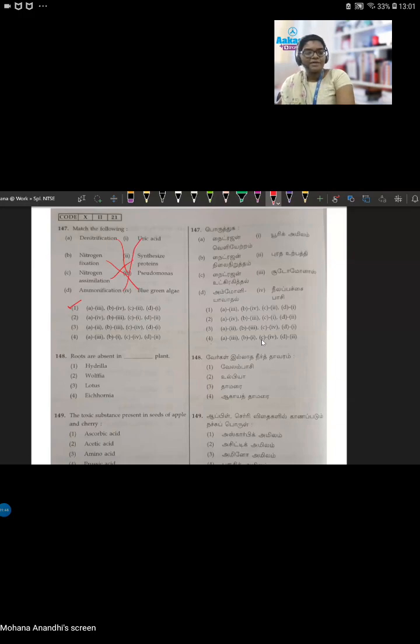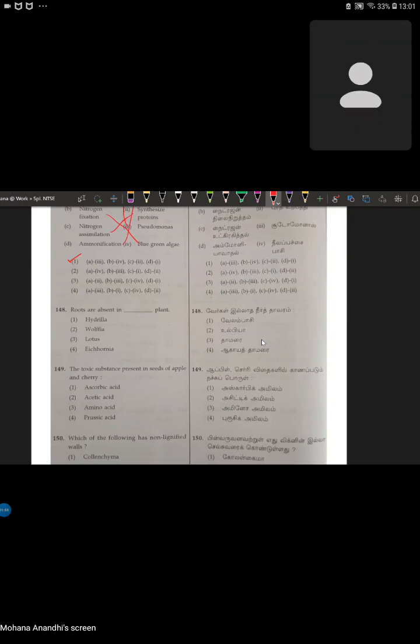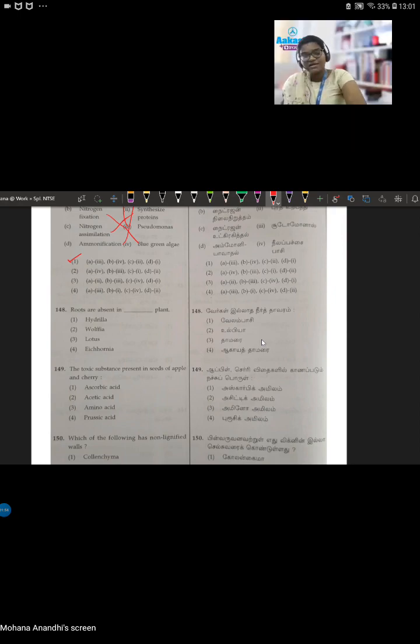And roots are absent. So this was a complete part of our state board. Roots are absent in dash plant. Which among these? Wolffia. Hydrilla and the other 3 are all water plants, but they have poorly developed roots, whereas Wolffia does not have roots. So it is Wolffia.